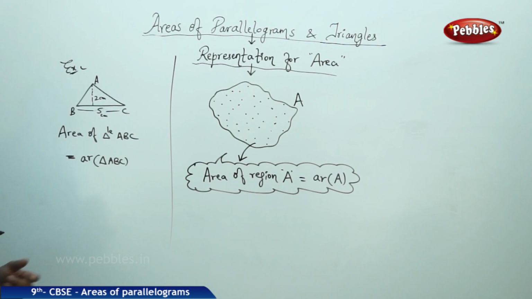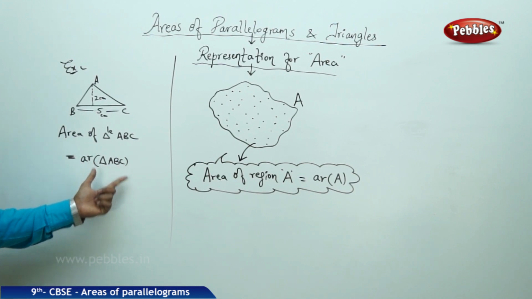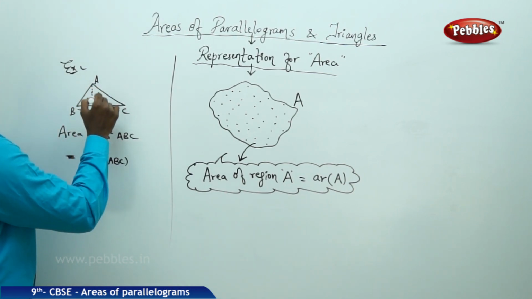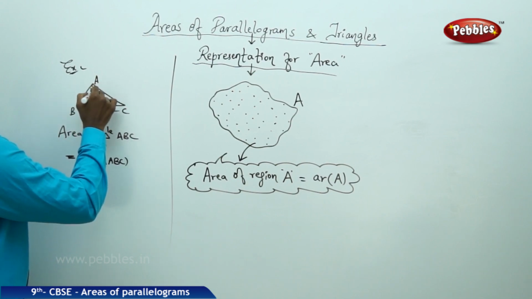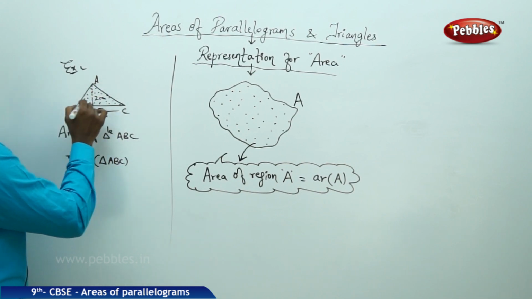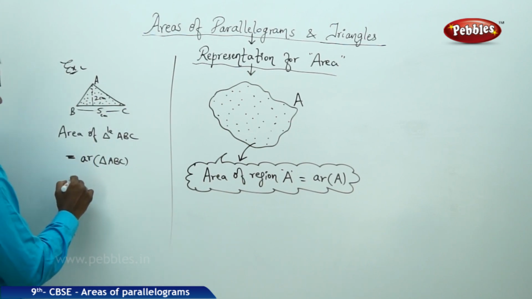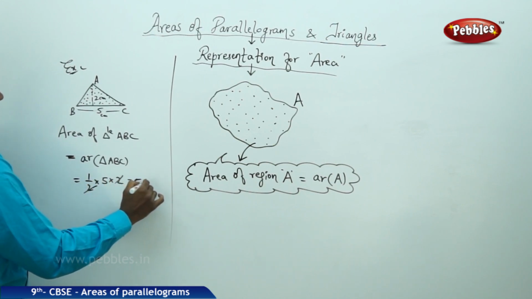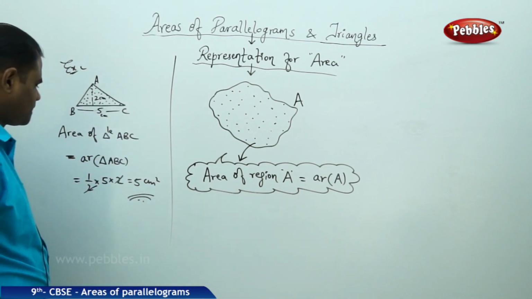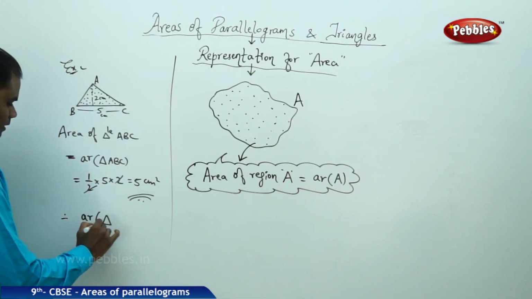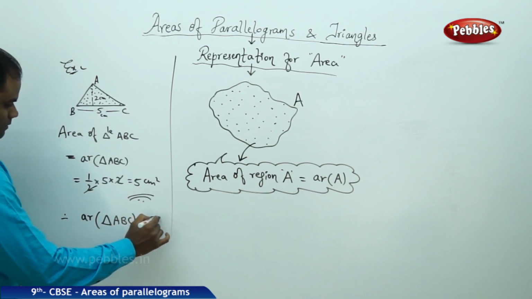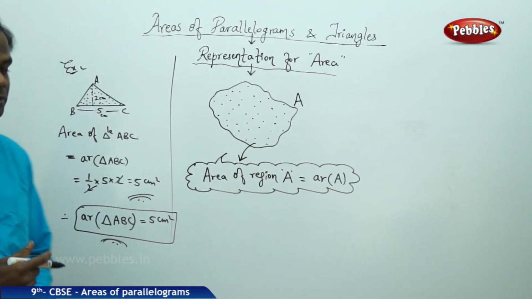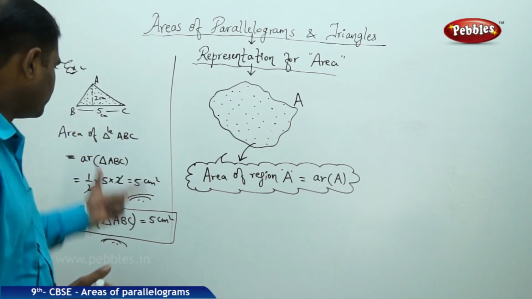That is how I denote this. AR of triangle ABC implies the area of the triangle ABC. That is how I understand the area of the region, which is nothing but half into base into height, 5 centimeter square. Therefore, area of triangle ABC is 5 centimeter square.